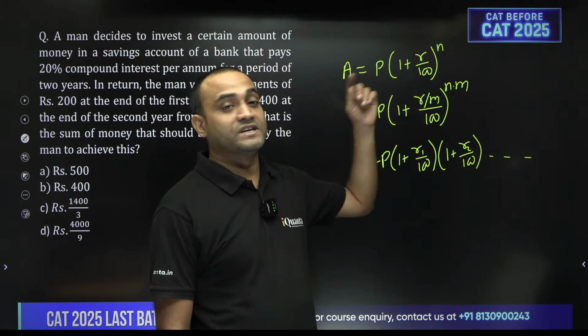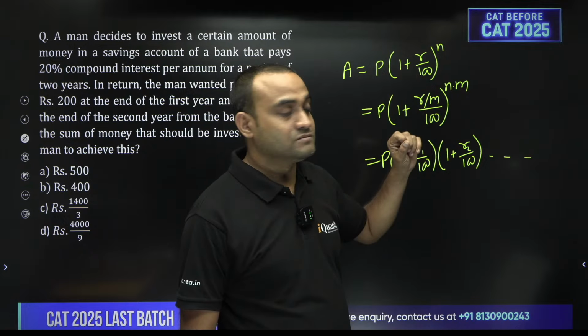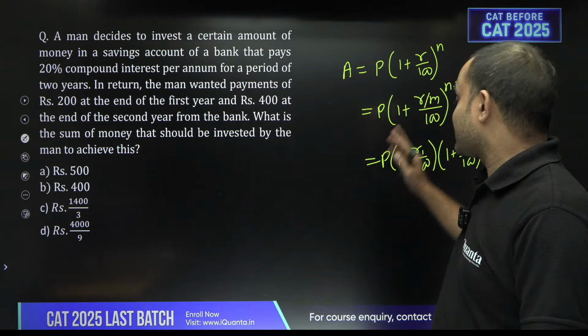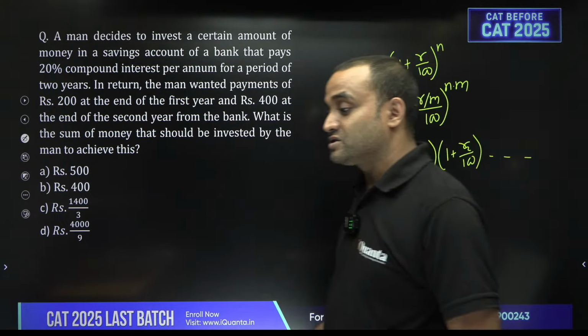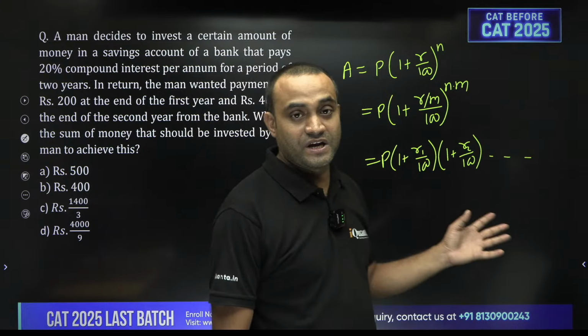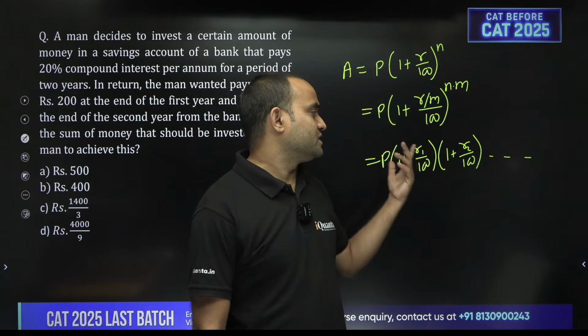Once, when rate of interest is being compounded R% per annum, this is the formula. If interest is being compounded M times a year, but rate of interest is R% per annum, then this is the second formula that you can use. And then comes the third one. If rate of interest for every year is different, R1, R2, R3 in any order, then this is how you find the amount.